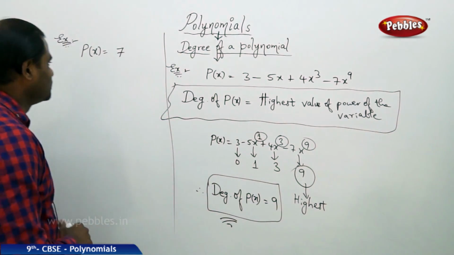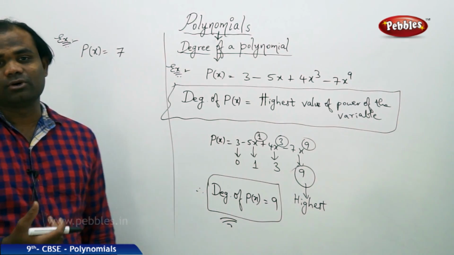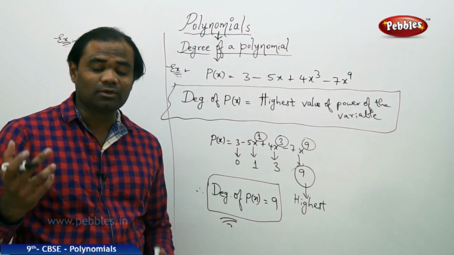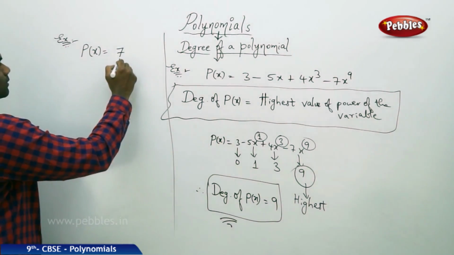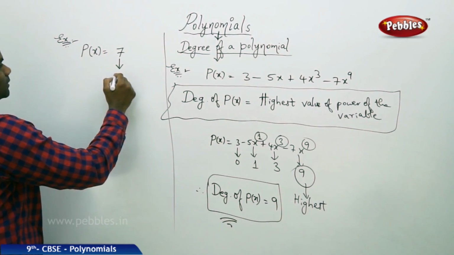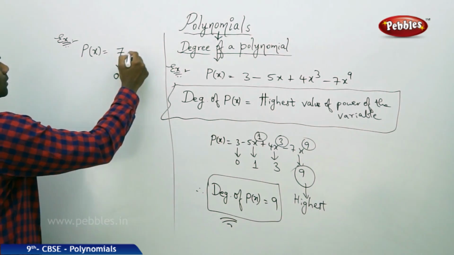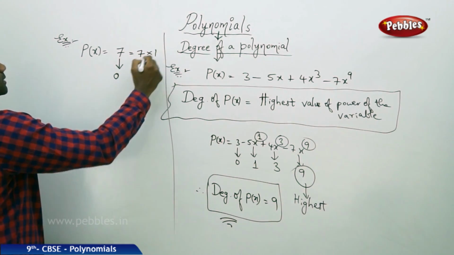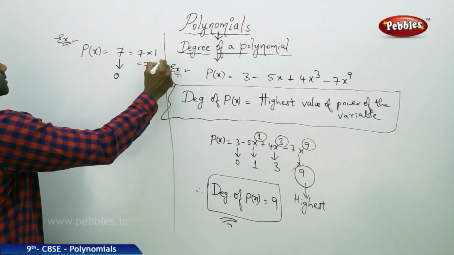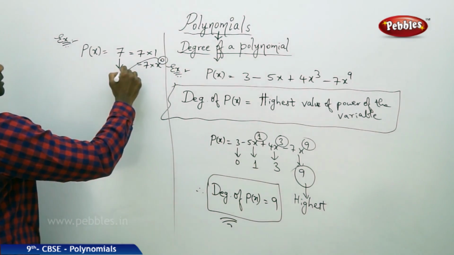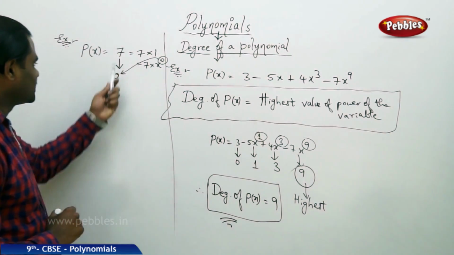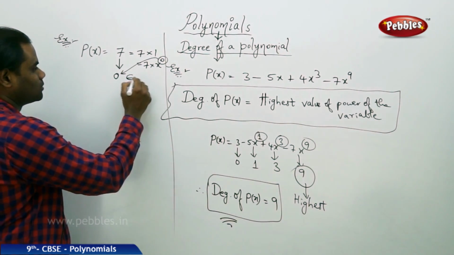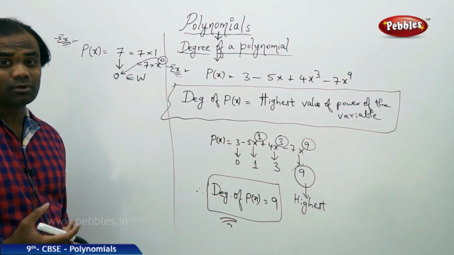It's a polynomial which is called a monomial because this polynomial has only one term, that is 7. So it is a monomial with its highest power being 0, because this can be written as 7 times x power 0, which comes out to be 1. So the power of the variable x here is 0, which is a whole number, and hence it is a polynomial.